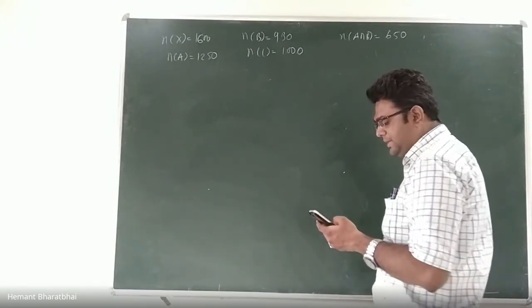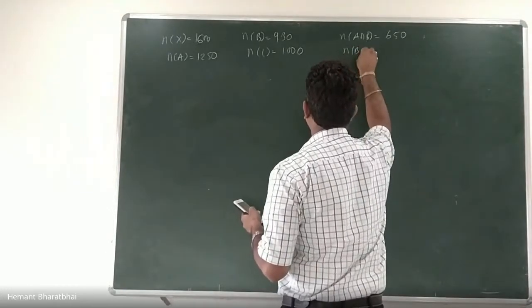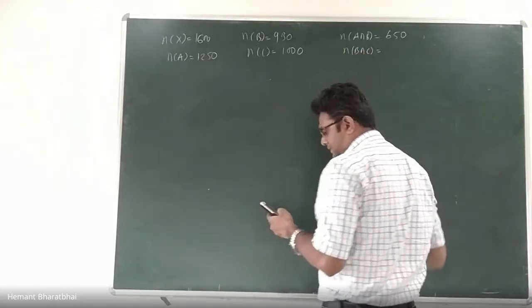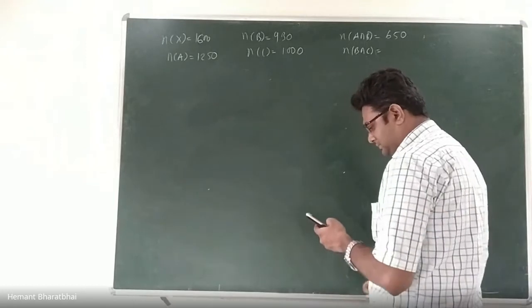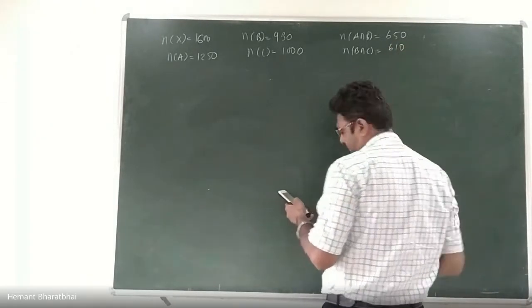Then products B and C were liked by 610. B and C, 'and' means intersection, so B intersection C is 610.